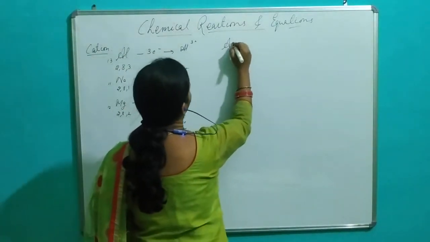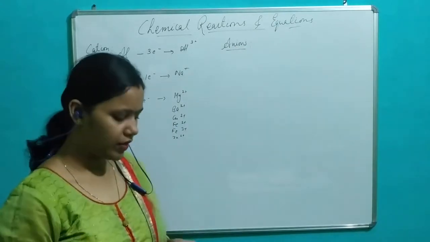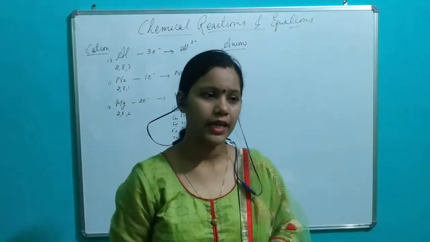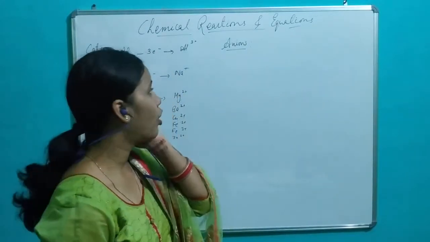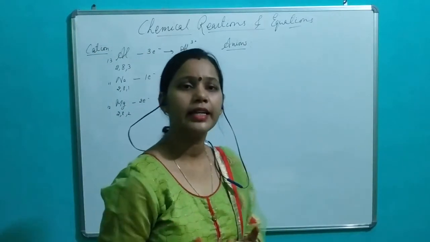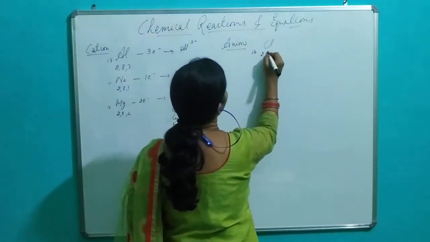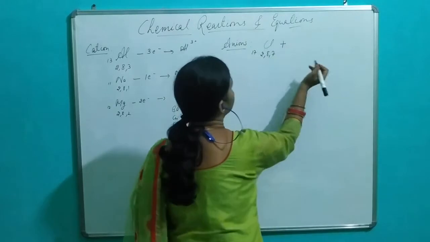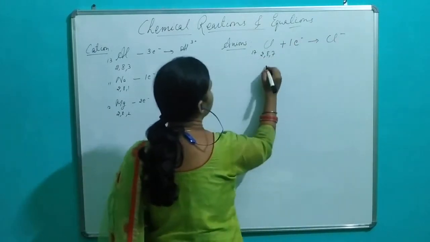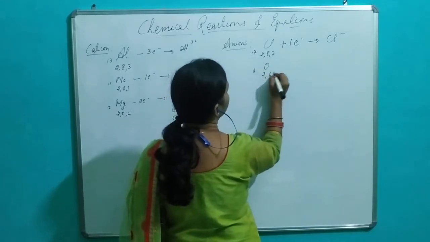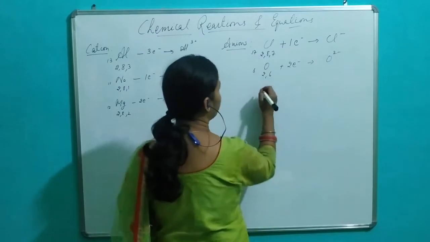Next, we have anions. What are anions? Non-metals have a tendency to accept electrons. They can gain electrons to form negative ions. For example, chlorine is 17, 2, 8, 7, and has a tendency to gain 1 electron to form Cl-. Oxygen is 2, 6, can gain 2 electrons to form O2-.